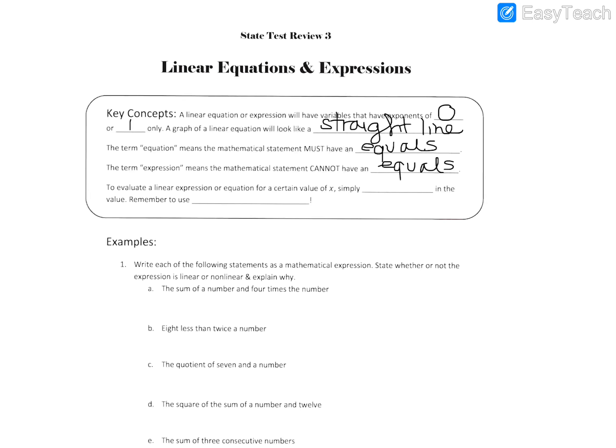So if you see those two words, equation or expression, on a Regents or a state test, it's actually telling you whether or not it has to have an equals, and you will get points off if you do that incorrectly. All right, so to evaluate a linear expression or equation for a certain value of x, simply plug in the value. Remember to use parentheses.